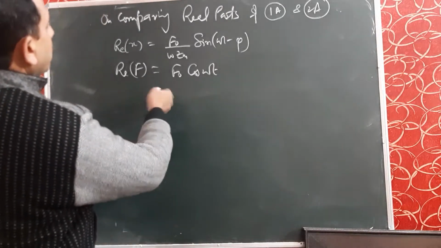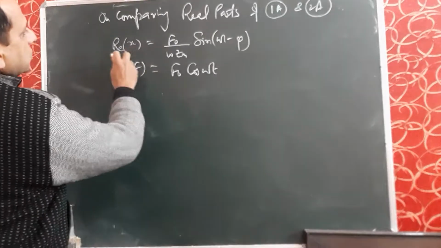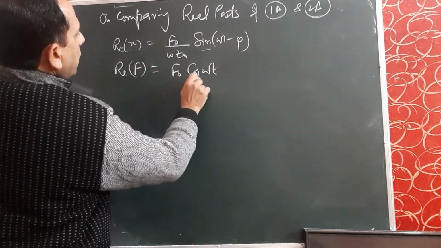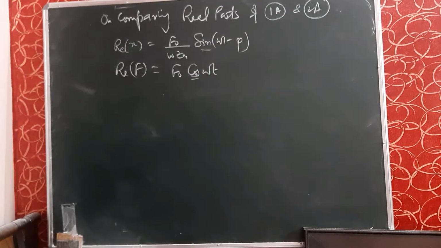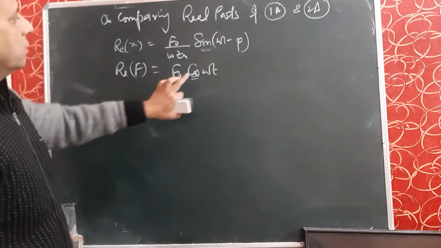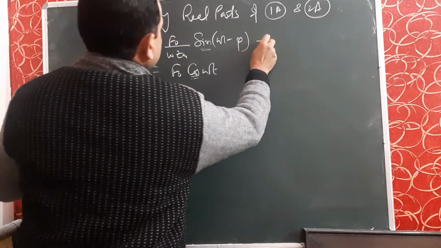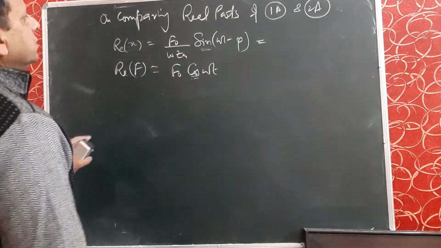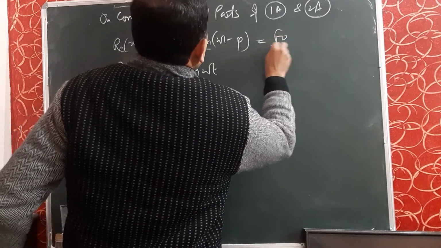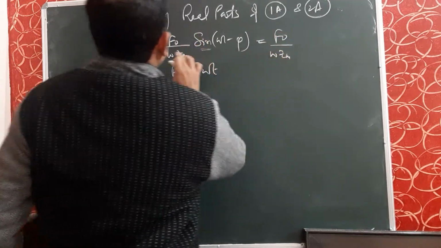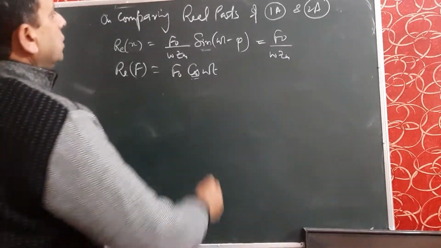Now compare this real part of x and real part of force. The real part of x consists of a sine function and the force consists of a cos function. So on comparison, we have to reduce either cos into sine or sine into cos. So I will rewrite this F naught upon omega Zm, that is the real part of x, into sine.